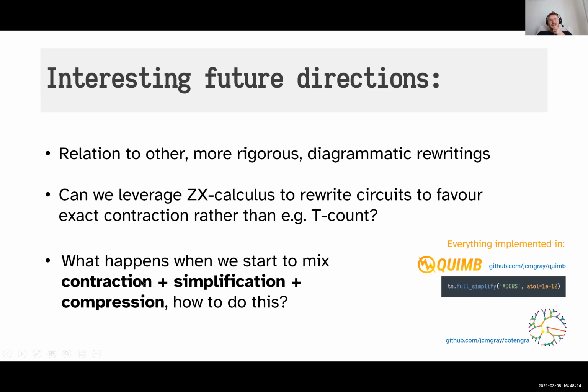And the main thing that I'm thinking about at the moment is how powerful these methods are when you really start to mix both the exact contraction and the simplification. At the moment, as I've presented it, there's this simplification scheme that you just do as pre-processing, then you contract.